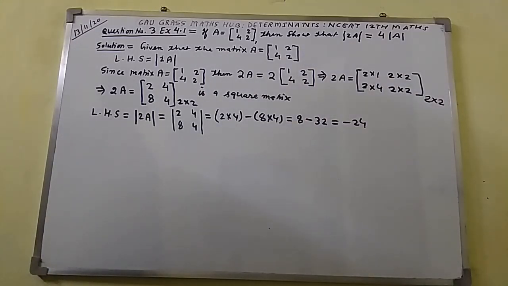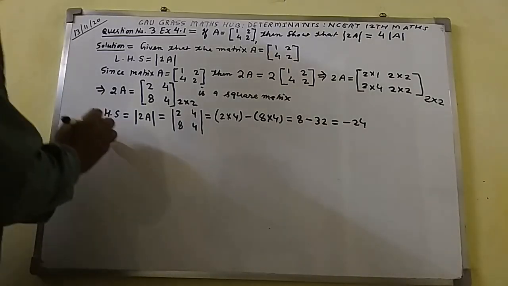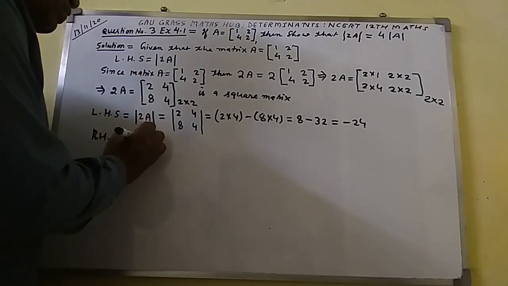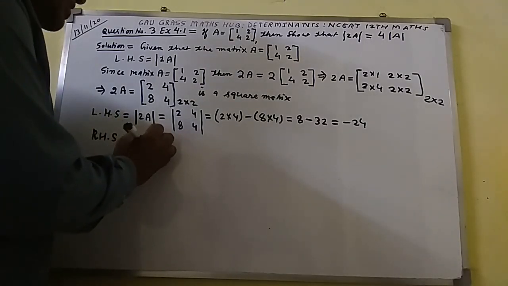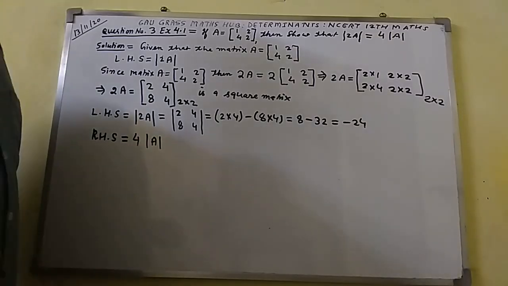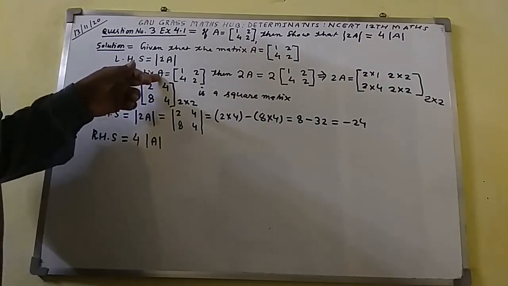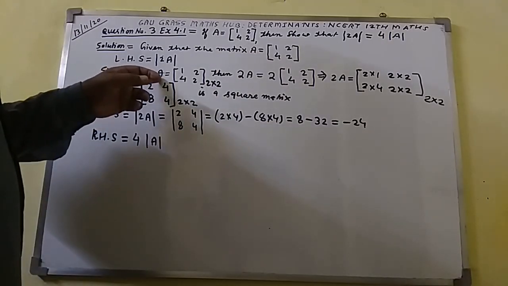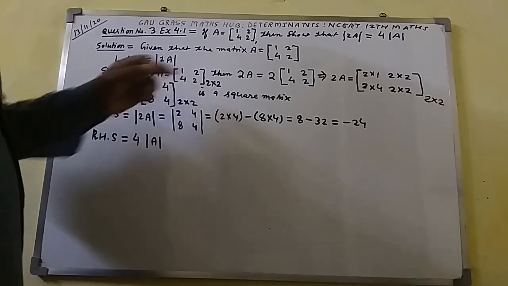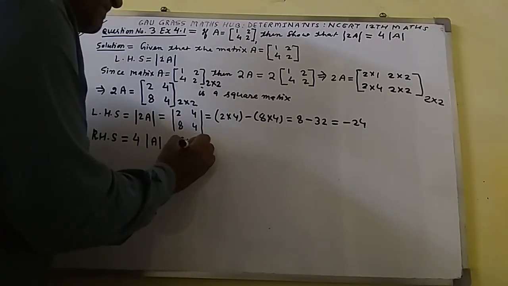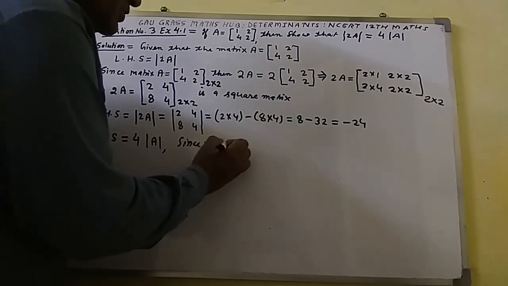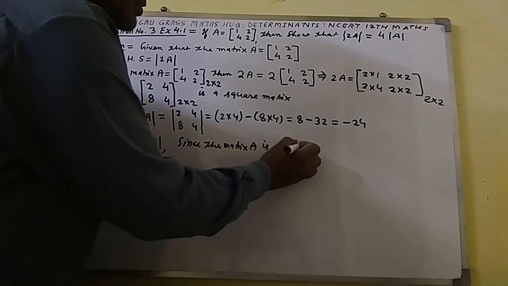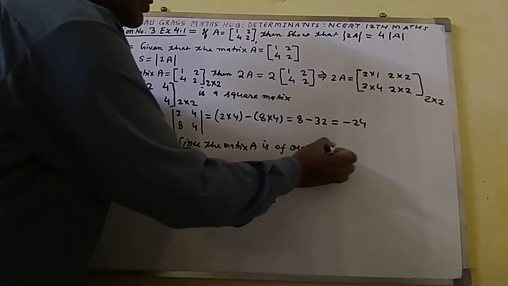Now here we shall take RHS. RHS equals 4 multiplied to the determinant of A. Here you can see the matrix A is of order 2 cross 2.